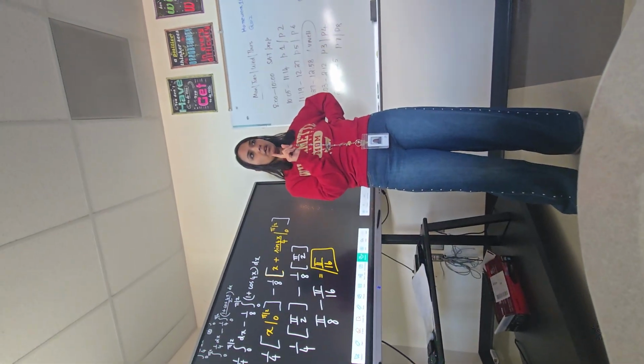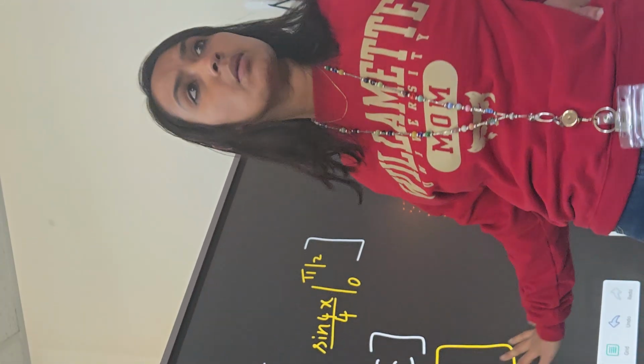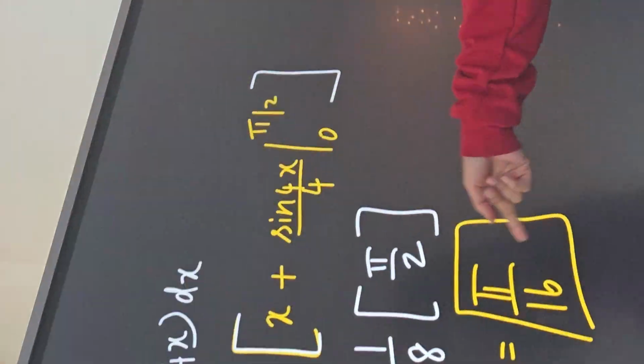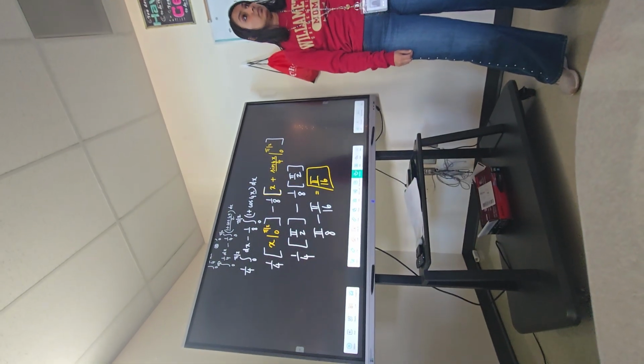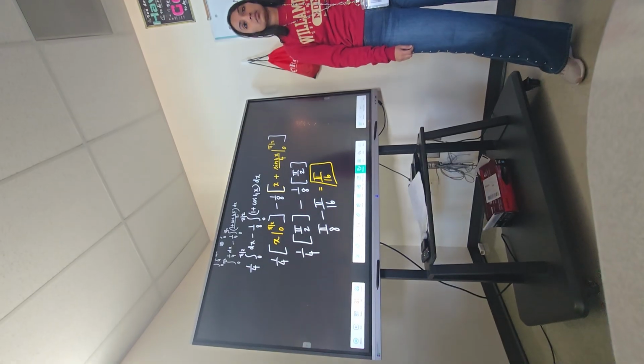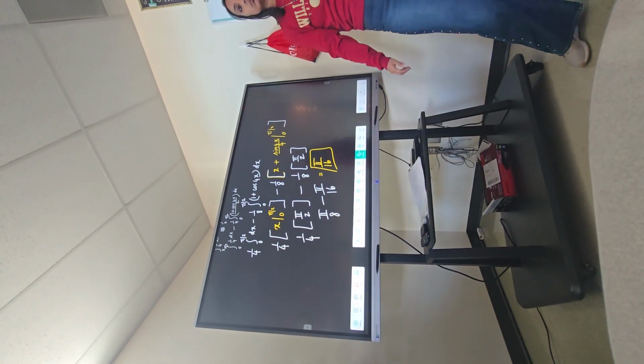On the calculator, you do the integration part, make sure it's in radian mode, you should get some decimal answer. And then you put your answer, pi over 16, in the next line and see if those two answers match.